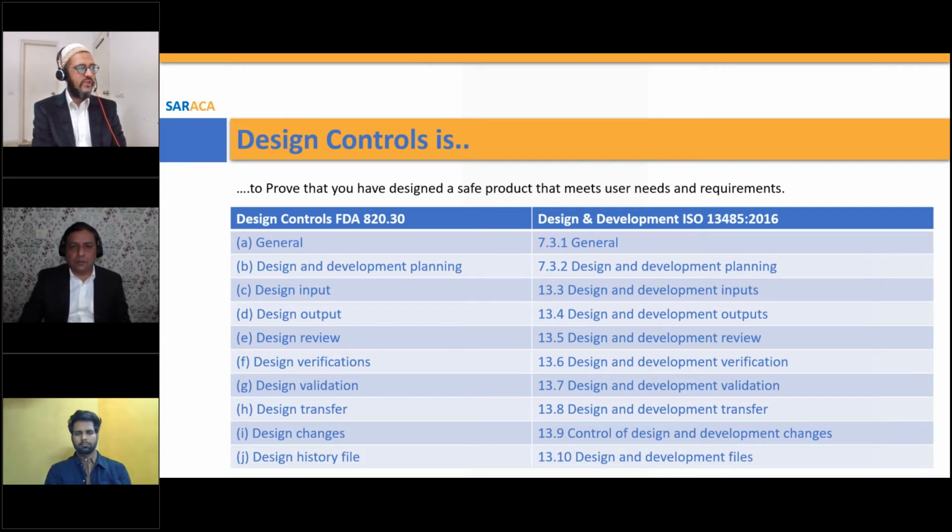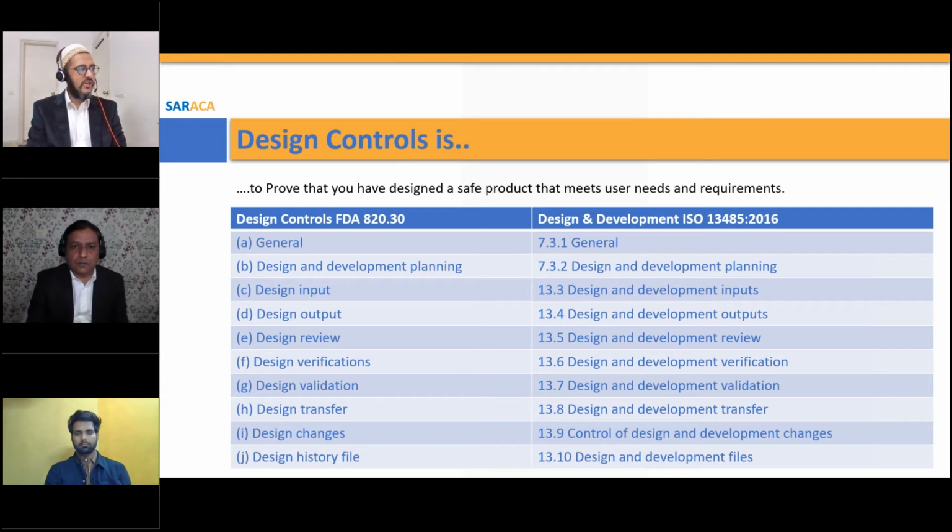In terms of that, I can just read that. All the clauses are very similar in terms of what they need and how that has to be followed in design control. This talks about all the phases of design control.